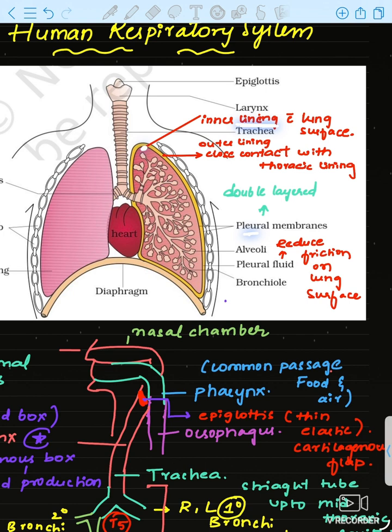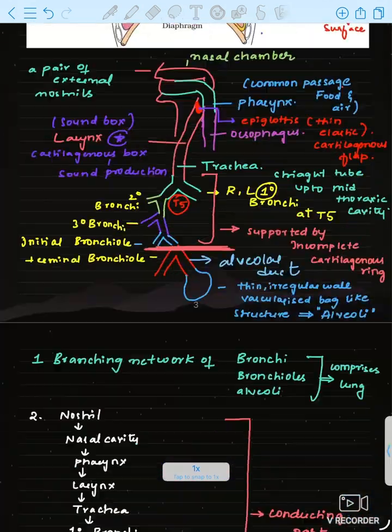It is in close proximity to the lung, covering the lung. Whereas the outer membrane is in close proximity to the thoracic cavity. It is close to the thoracic lining, and the inner membrane is close to the lung surface. Okay, I think you are clear up to here.